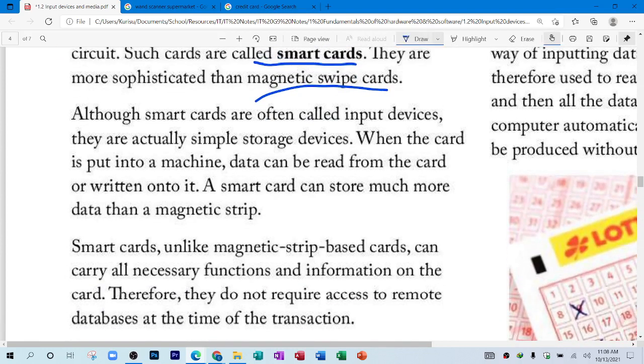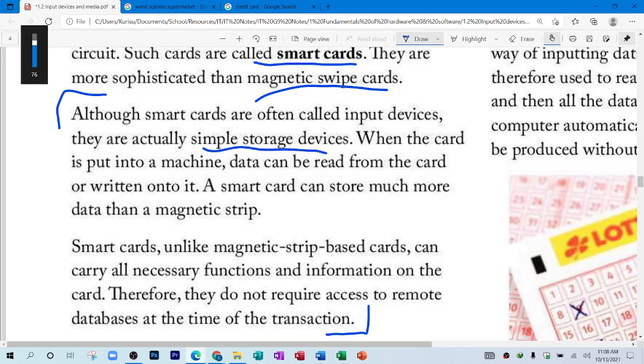Alright, continue. The other two paragraphs. Smart cards, unlike magnetic strip based cards, carry... No, you missed a paragraph. Okay. Although smart cards are often called input devices, they are actually simple storage devices. When the card is put into a machine, data can be read from the card or written onto it.